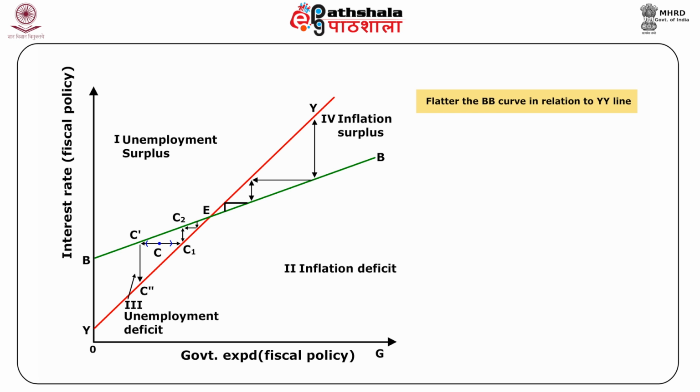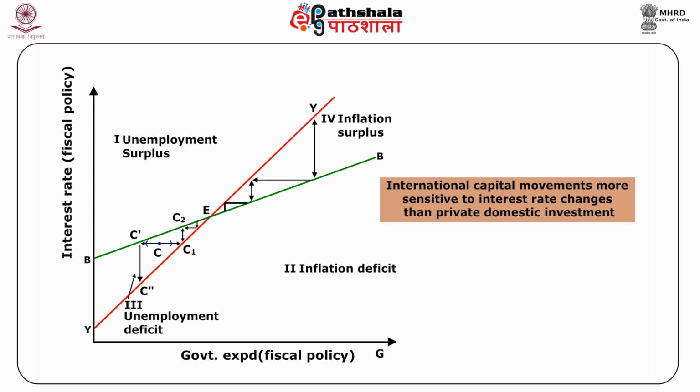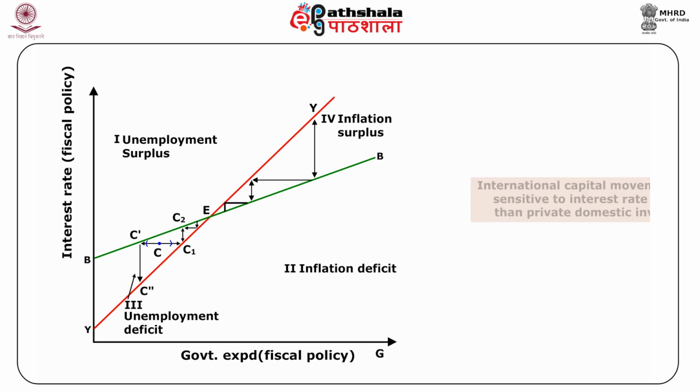The flatter is the BB curve in relation to YY line, as the international capital movements are more sensitive to the interest rate changes than the private domestic investment.